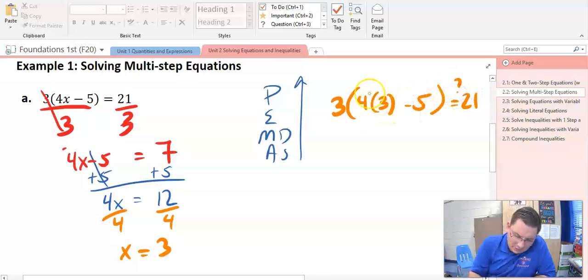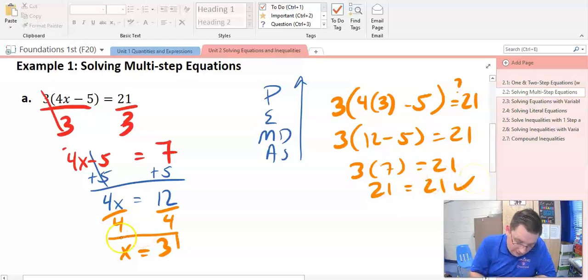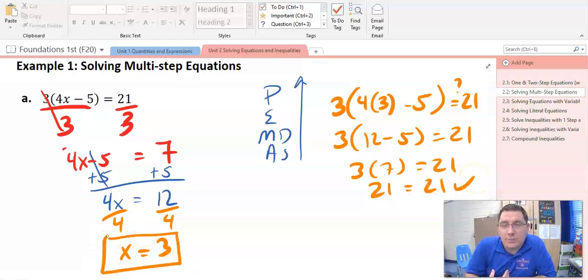Remember, we're working inside. 4 times the 3 is 12, minus 5. 12 minus 5 is 7. And then 3 times 7 is 21. And so that checks out. So my answer is that x is equal to 3. Again, make sure you follow your steps and then check your work.